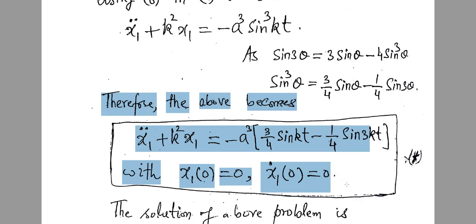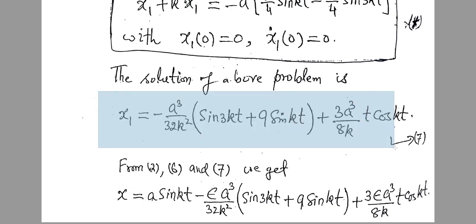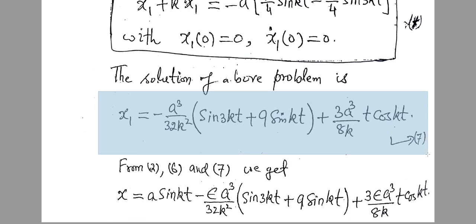Next, we have to find the solution of this system, which we have already obtained in our previous lectures. This solution x1 is given by equation number 7, which is highlighted over here.